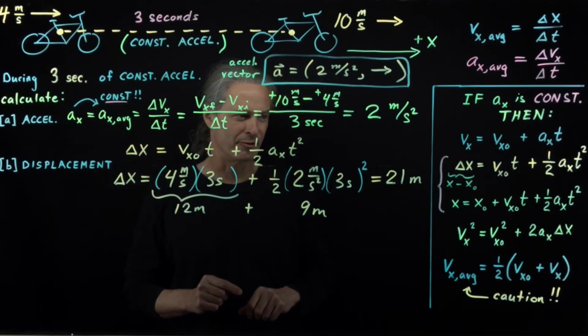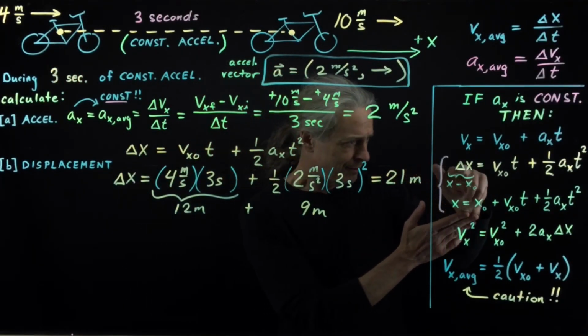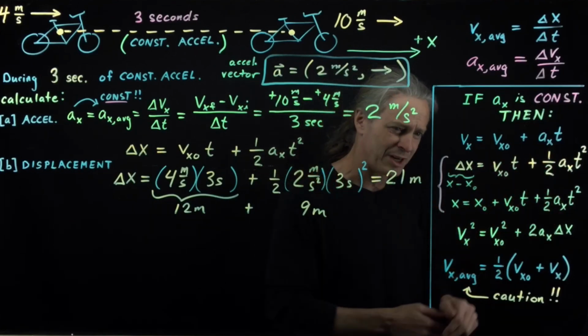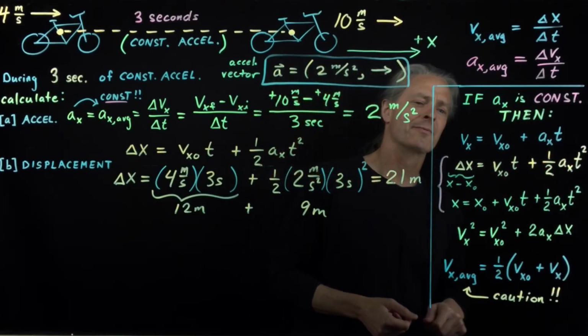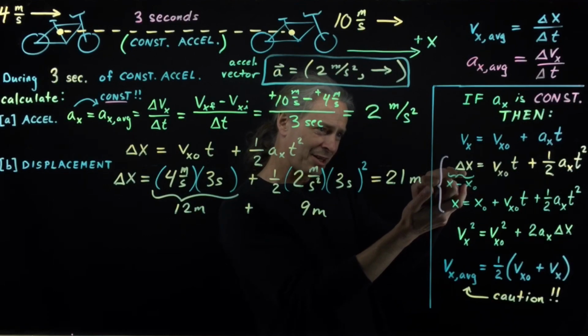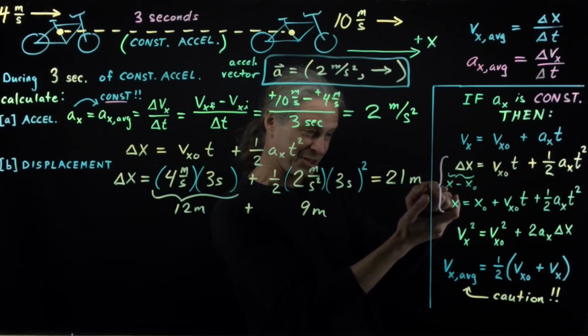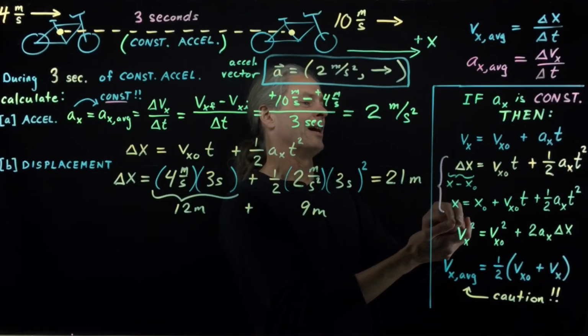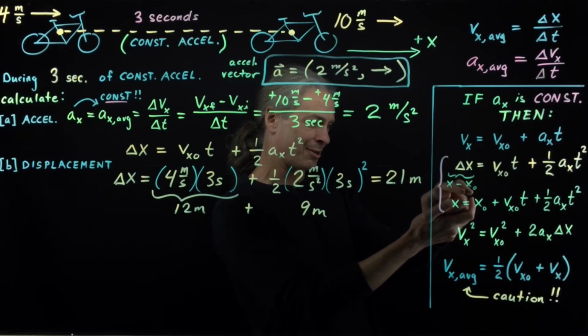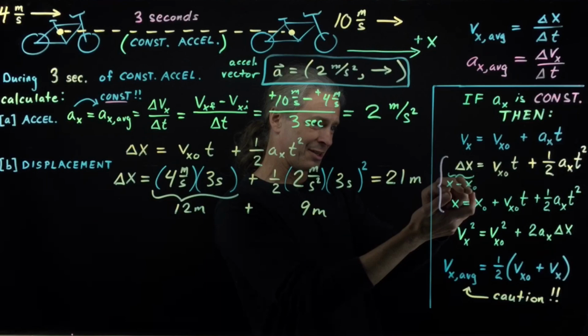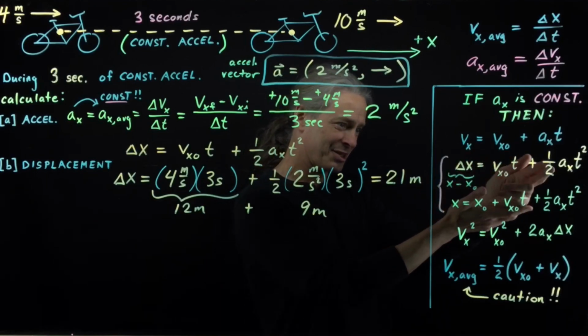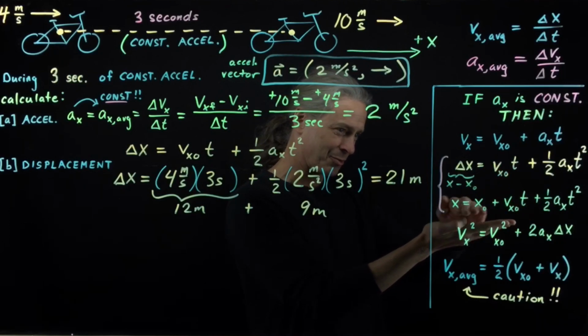One more quick comment before moving on. This equation and this equation are really the same equation. I could take my delta x, my change in x, and write it as x at time t minus x at time 0. I could then add x at time 0 to both sides, so add this to both sides. It'll be gone from this side, and it'll appear on this side, giving us this equation right here.